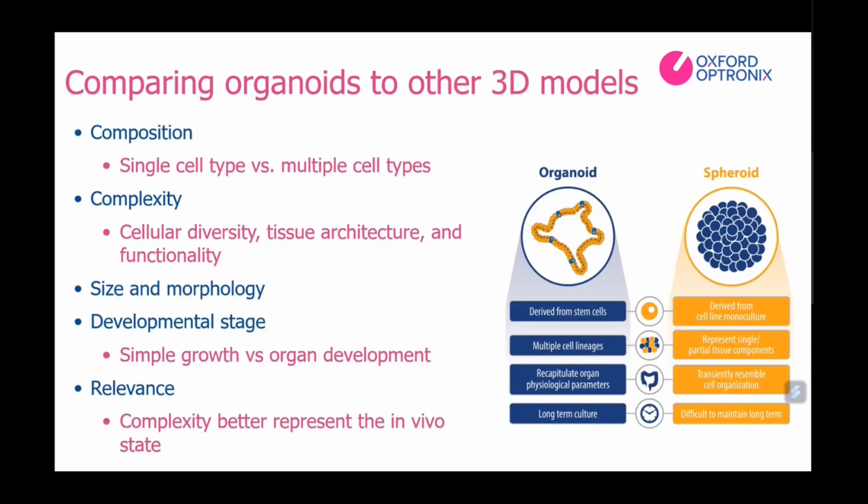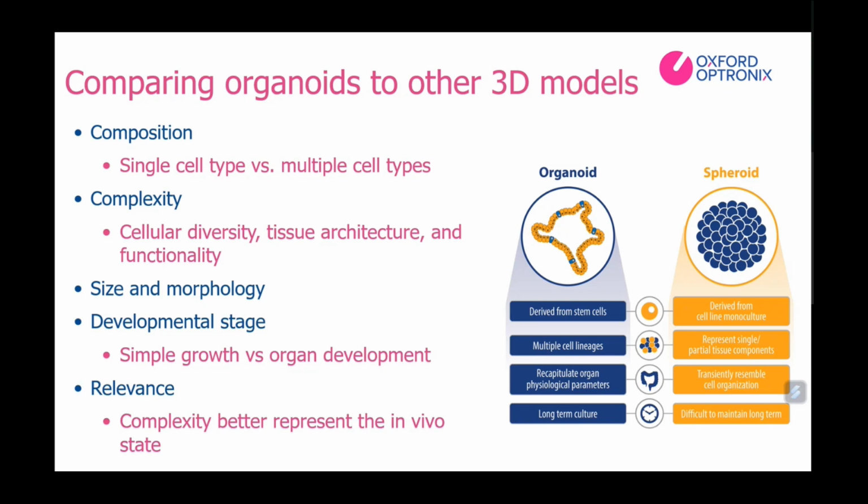Okay, so how do organoids actually compare to what may seem to be similar models, colonies or spheroids? In composition, colonies and spheroids are often composed of a single cell type, whereas organoids have the potential to self-organize into multiple cell types that resemble the architecture and functionality of a specific organ.